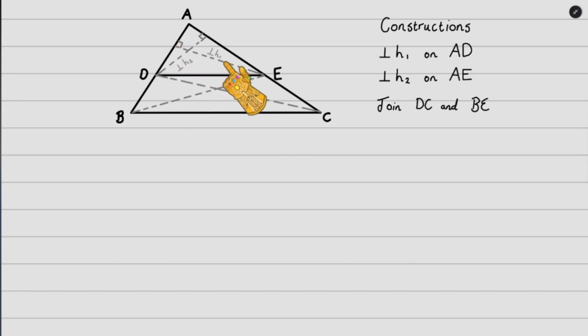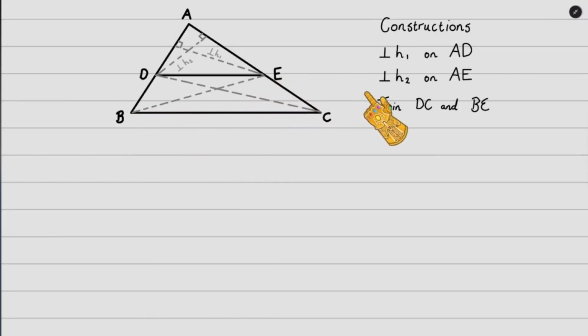You draw a perpendicular height that sits on AD and we name it perpendicular height 1. And we do a perpendicular height that sits on AE and we name it perpendicular height 2. Additionally, we join the lines or the points DC and BE. So we join up DC and we join up BE.